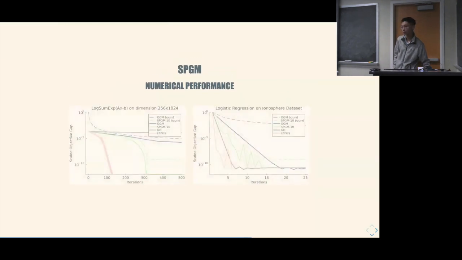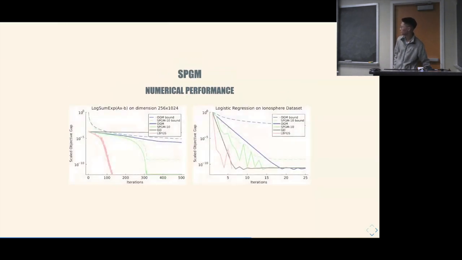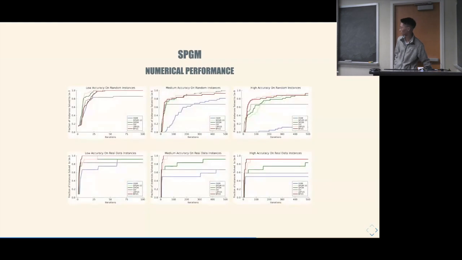Is that L-BFGS? We ran an L-BFGS, but it might have been with full memory. I don't actually remember exactly what it was in this picture. Here's the same thing for the subgame perfect gradient method.